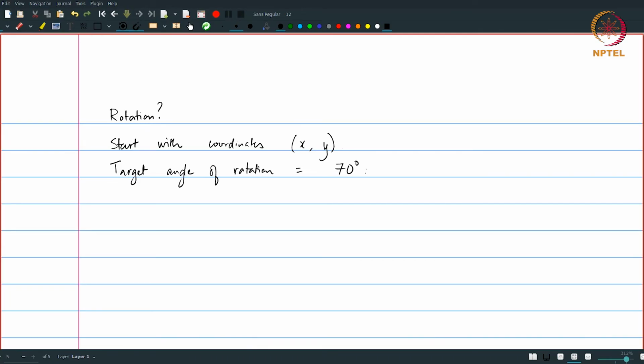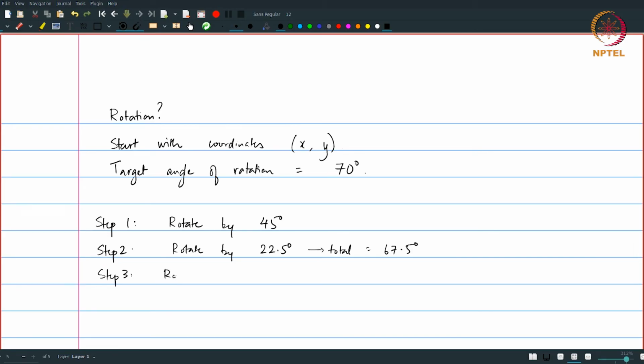Now what I would do is, I would say, step 1, rotate by 45 degrees. Step 2, rotate by 22.5 degrees. Total equals 67.5 degrees.